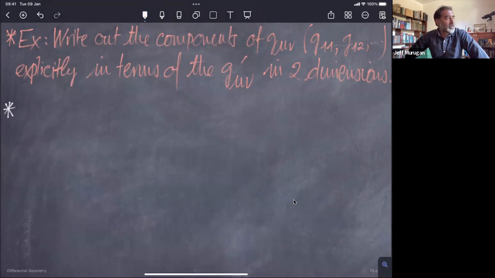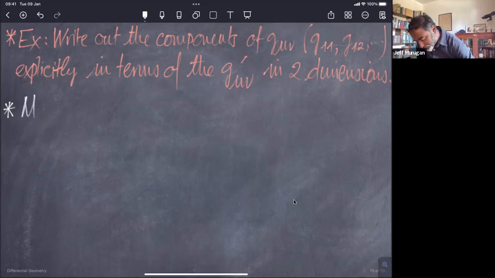So far, I've shown you that the components of the metric that we defined by its action on the basis vectors on a vector space transform in this particular way, which I said makes it a doubly covariant tensor, meaning that both of its indices transform like the covariant indices of a covector. Right? But I can generalize this because, well, 1, 2, 3, who cares how many indices we have? Their properties are defined by the way they transform.